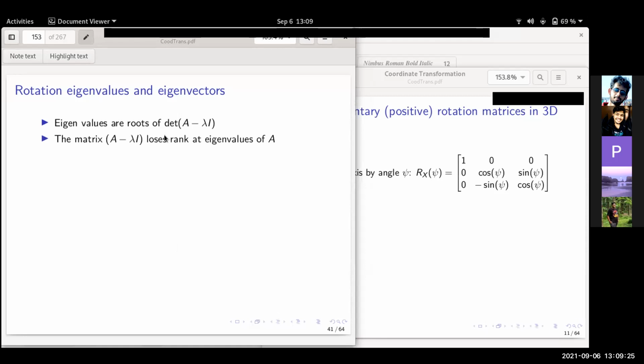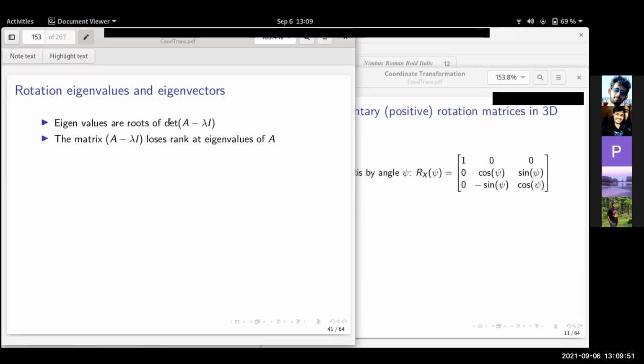There is one more important fact, that the matrix A minus lambda I loses rank at the eigenvalues of A. What does it mean? When you say roots of determinant of A minus lambda I, if lambda is a root, then at the eigenvalues, the determinant of the matrix is 0.